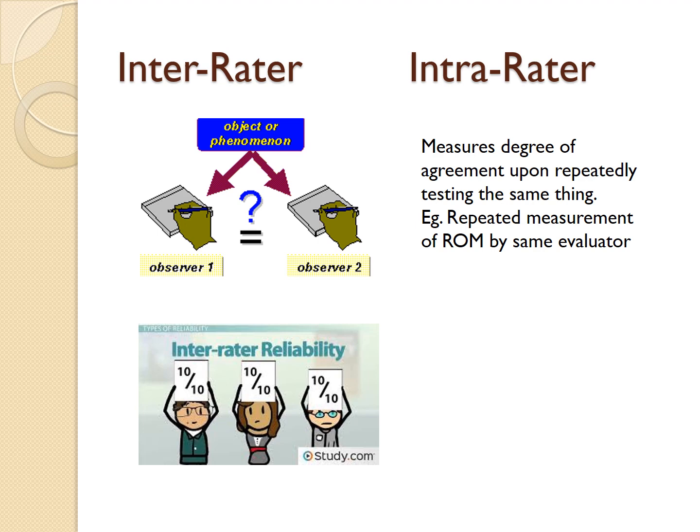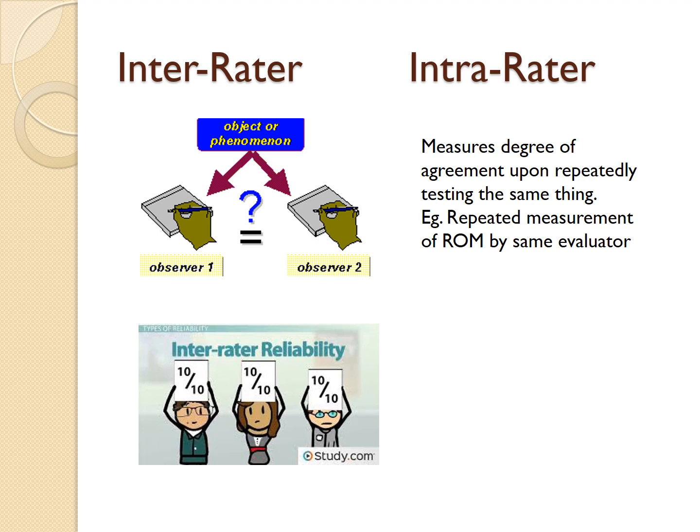Intra-rater basically measures the degree of agreement upon repeatedly testing the same thing by the same evaluator. So let's say I'm doing a range of motion evaluation on a shoulder patient for flexion in supine position, and I found it was, let's say, 140 degrees of flexion.